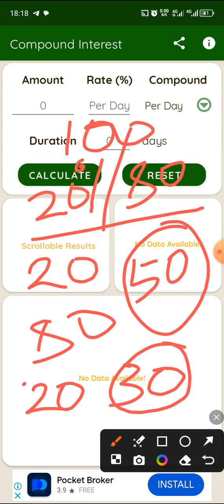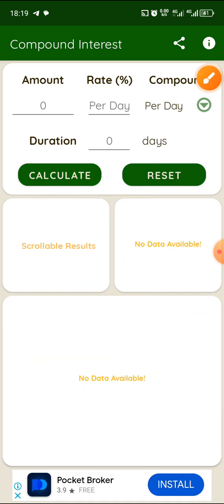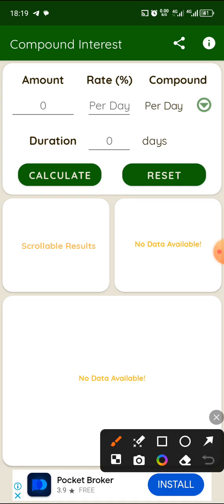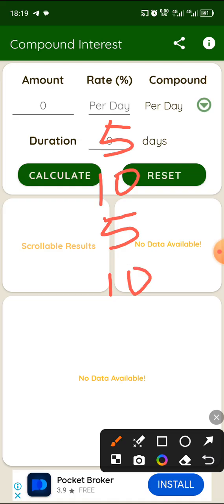I know now you know how to set these margin calls. So we shall make our first margin call to be 5, our second margin call to be 10, and our third margin call will be 5, then the fourth margin call will be 10.